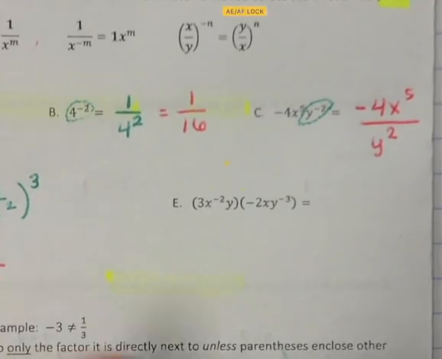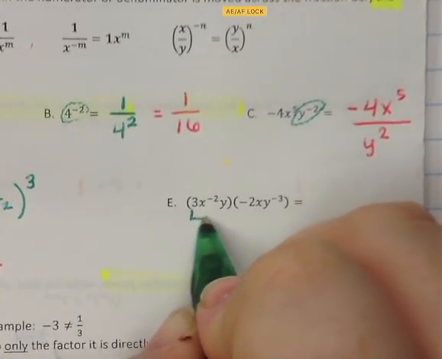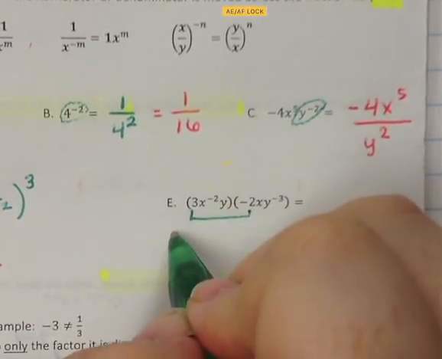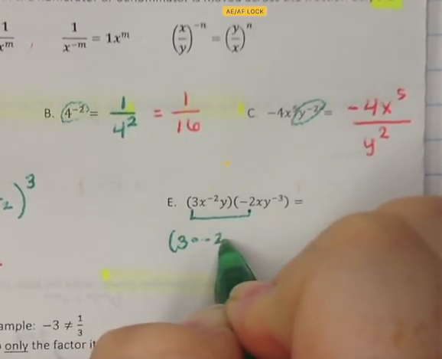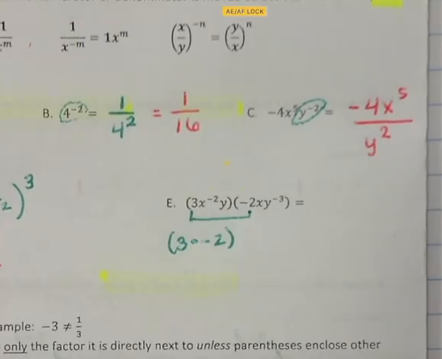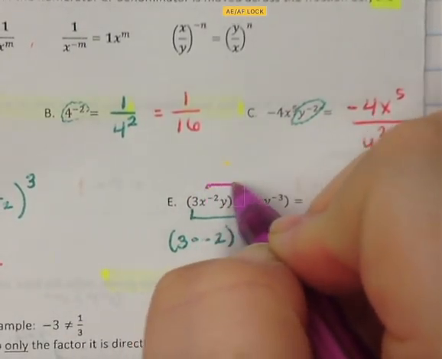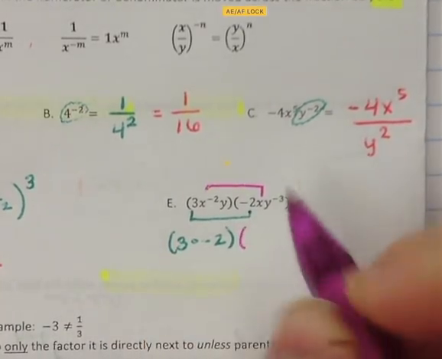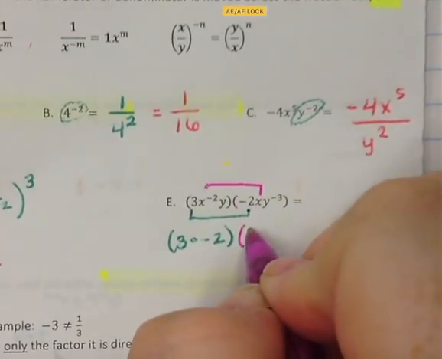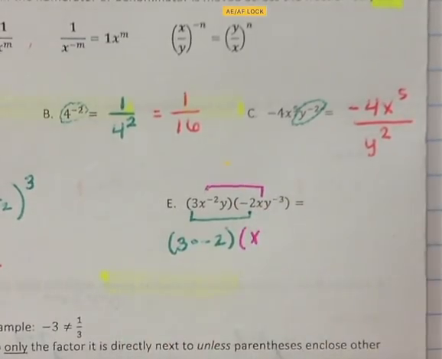So first, I'm going to look at my numbers. It's a 3 times a negative 2. So I'm going to have 3 times a negative 2. And I'll simplify that in a second. Then my x's, since I multiply my x's, I can keep my base, and then I can add my exponent.